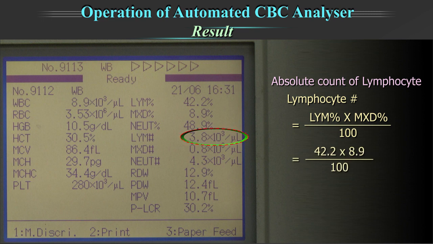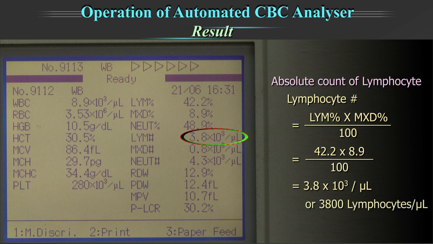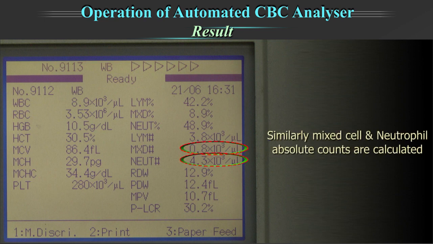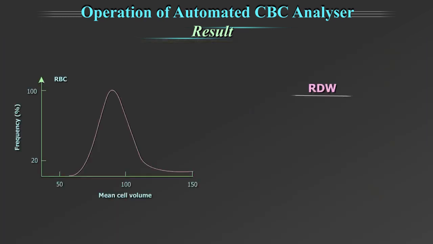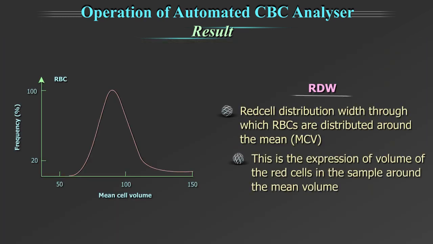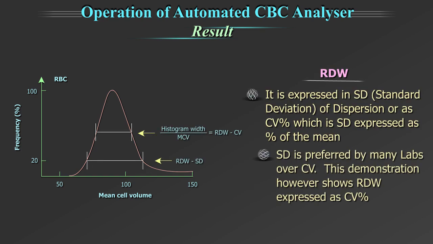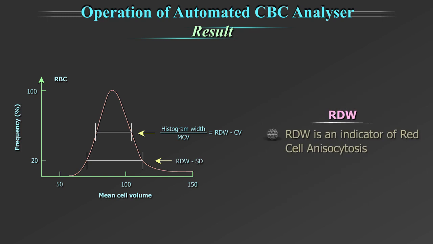That is 42.2 into 8.9 upon 100, which gives 3.8 into 10 to the power 3 per microliter or 3,800 lymphocytes per microliter. Similarly, the mixed cell and neutrophil absolute counts are also calculated. The RDW is the red cell distribution width, which can be set as CV% or as standard deviation.